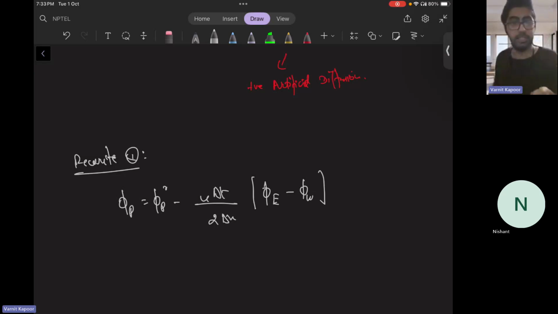Oscillations are there because negative coefficients are there, if you observe here. Oscillations will be there whether you use implicit or explicit CDS, so they are of no use so far.